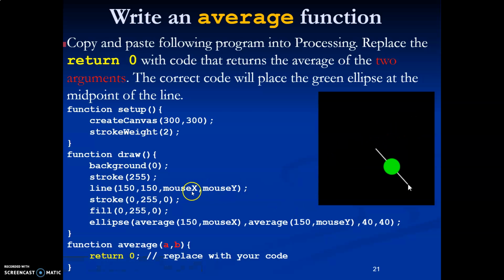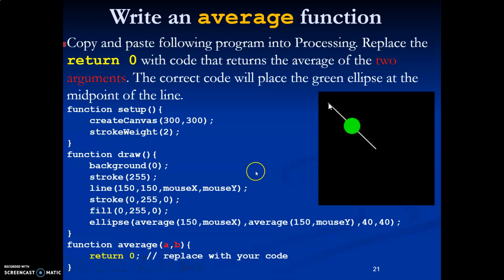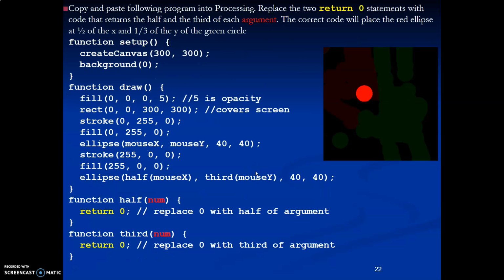What we're going to do is put an ellipse halfway, at the average or the midpoint, between where the mouse is and where the center of the screen is. And that ellipse, if we code this average function correctly, will always be stuck right there in the middle of the line.